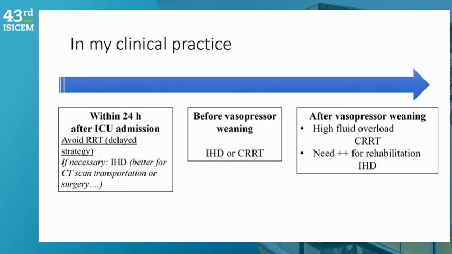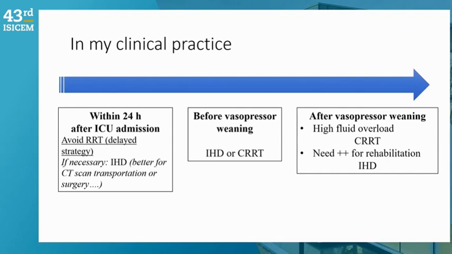So in my clinical practice, I have 30 seconds to finish. Within 24 hours, when I receive the patients after ICU admission, the first thing is to avoid RRT. In patients who do not need RRT, avoid RRT. If necessary, I prefer intermittent because it's better for transportation, surgery, etc. Before vasopressor weaning, I think that we can use both.